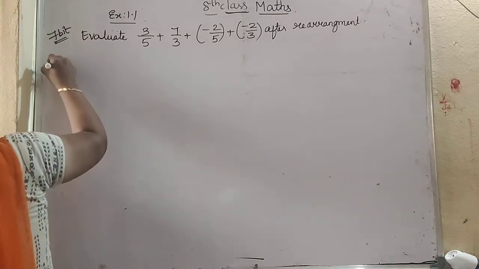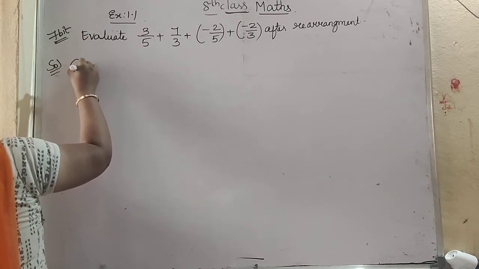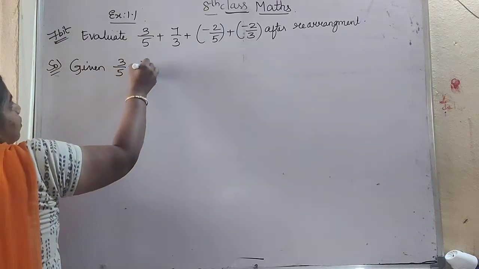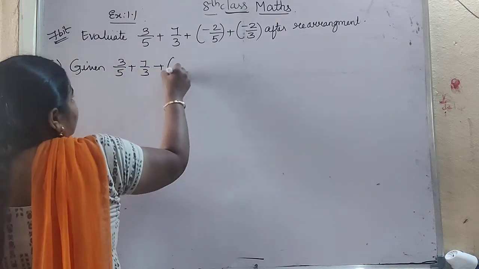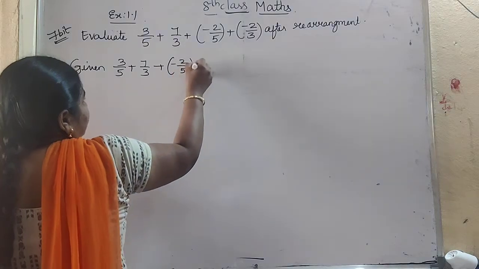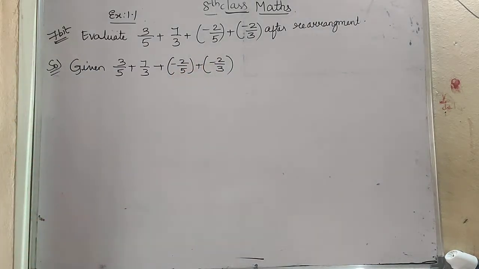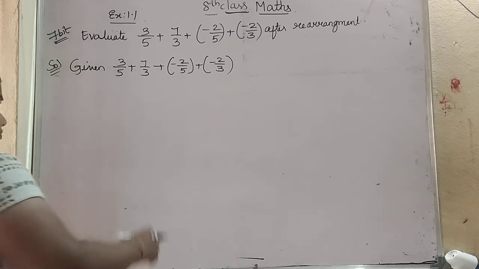So here, what have they given in the question? Given 3 by 5 plus 7 by 3 plus of minus 2 by 5 plus of minus 2 by 3. So these terms we have to rearrange now. By seeing the denominators, I am rearranging the terms.